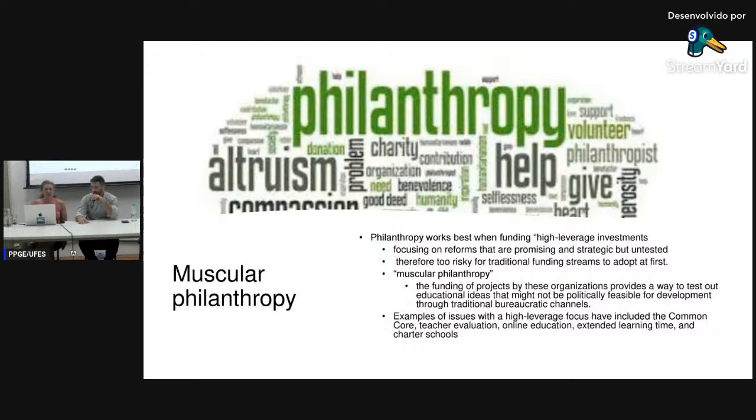And we call them muscular philanthropy. E a gente chama isso de filantropia muscular ou filantropia hipertrofiada. Não sei. And so the Gates Foundation is the most famous worldwide of just having so much money that they can completely influence an issue more so than public opinion or governments can do so.